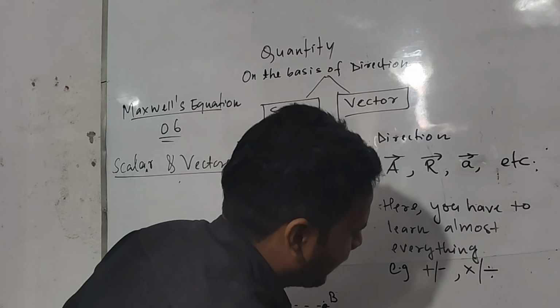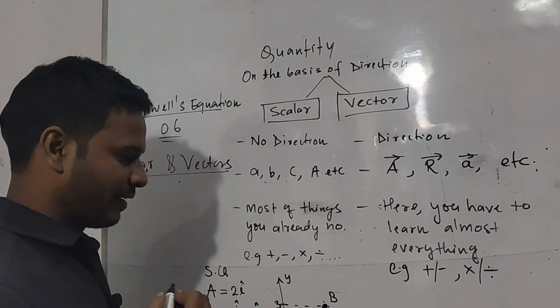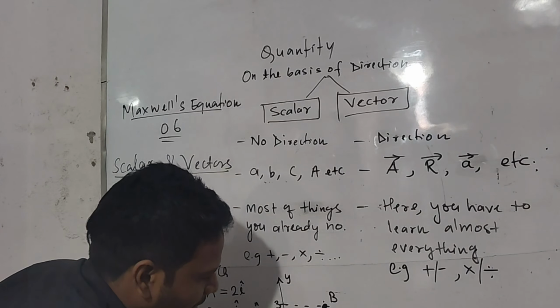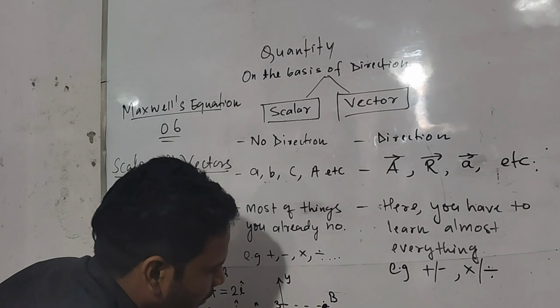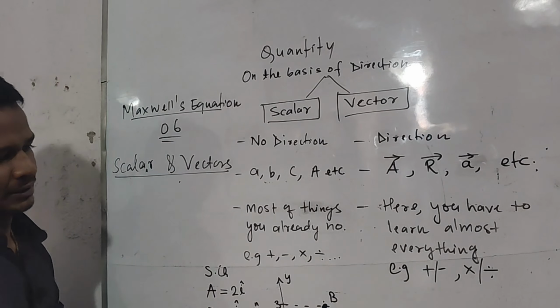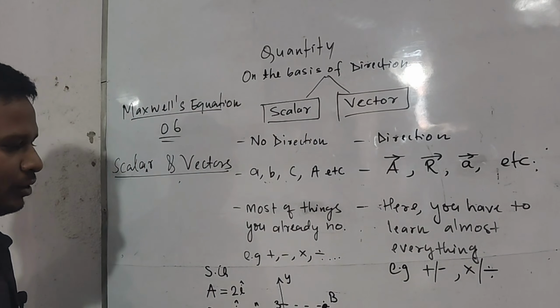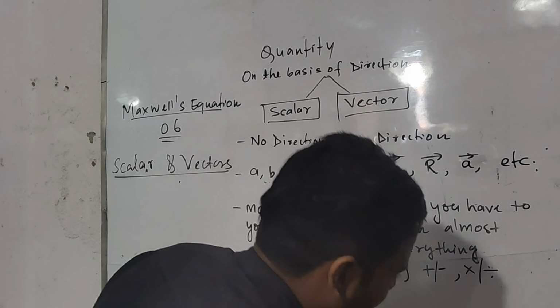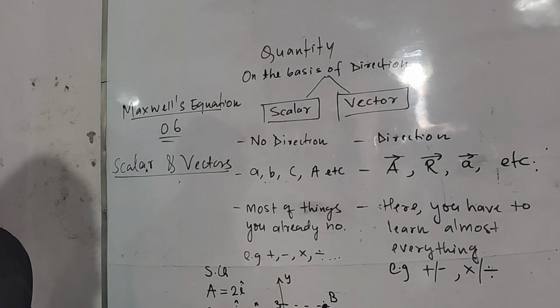So if I have 2i cap as a vector, it does not mean just the point 2. It means the arrow drawn from the origin to A. Similarly, vector B. And the components along the x-axis and y-axis are given with an additional notation.